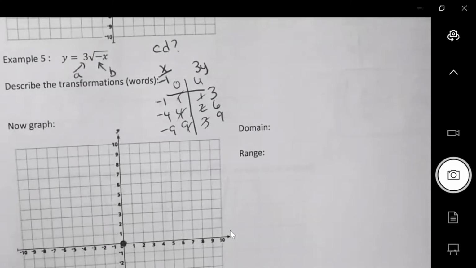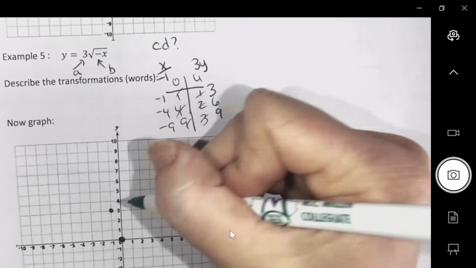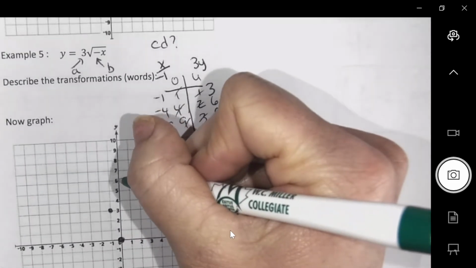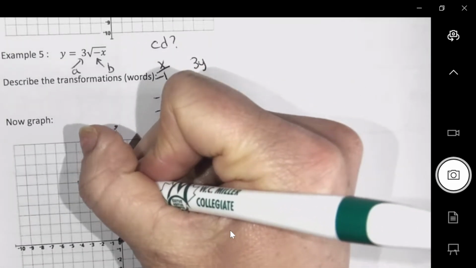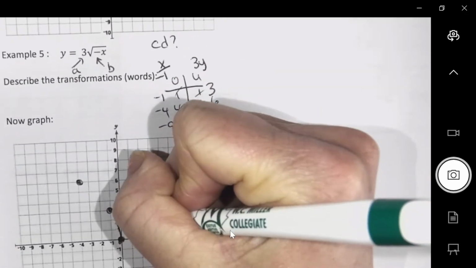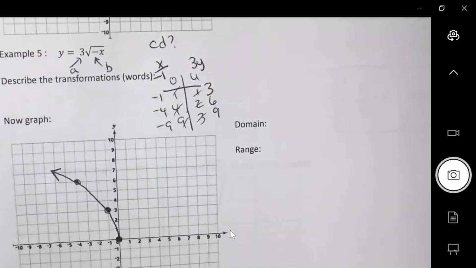I'm going to go left 1, up 3. Left 4, up 6. There we go.